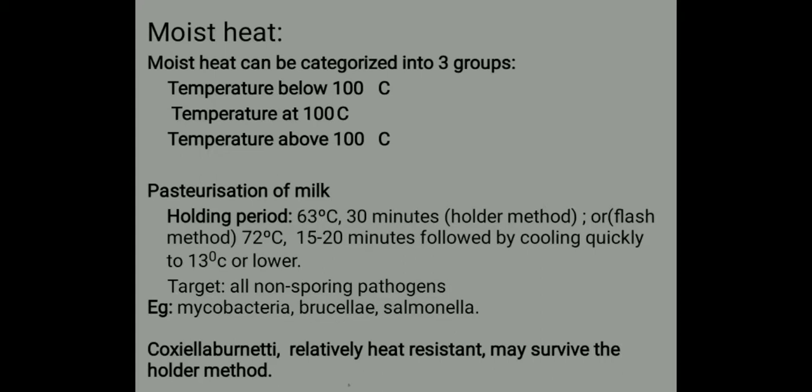First we have the holding period, that is 63 degrees Celsius for 30 minutes, or 72 degrees Celsius for 15 to 20 minutes, followed by cooling quickly to 13 degrees Celsius or lower. This method is called the flash method.